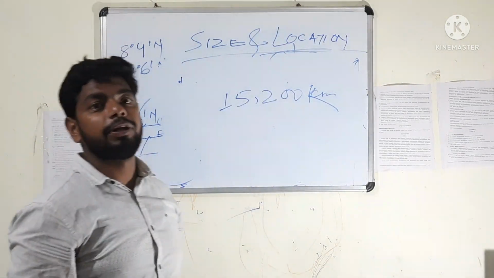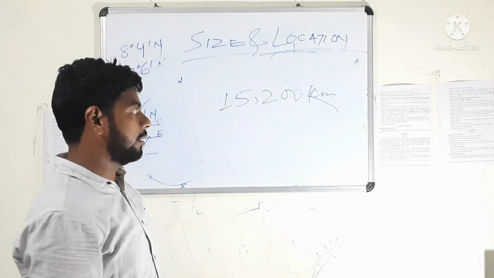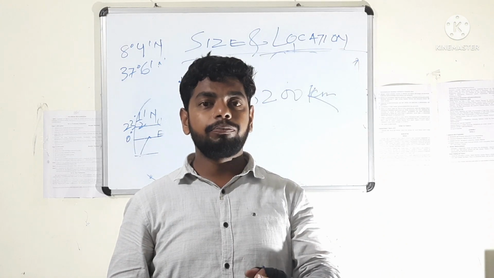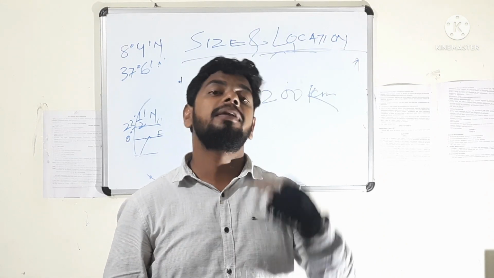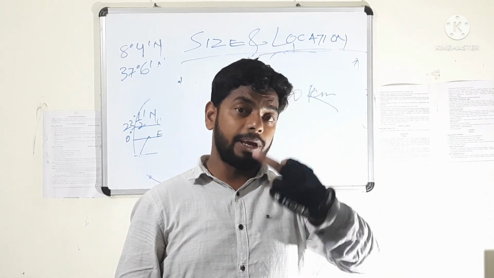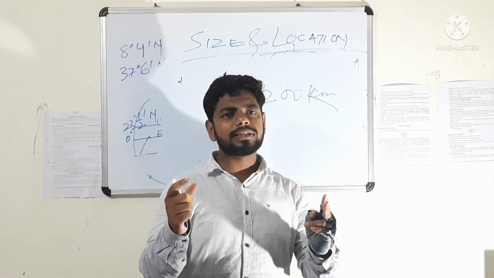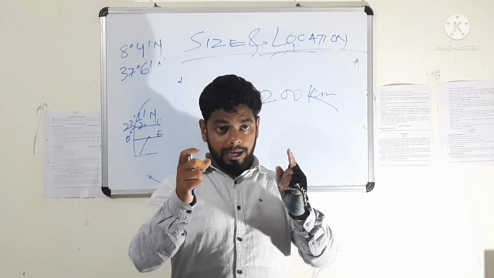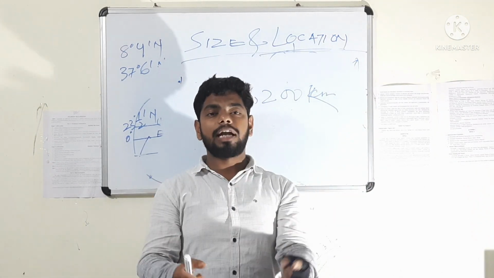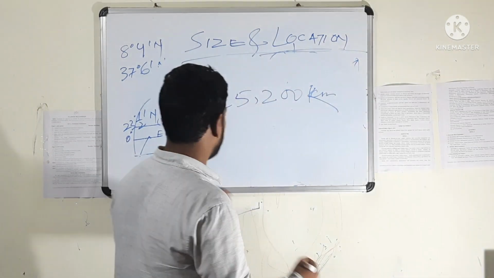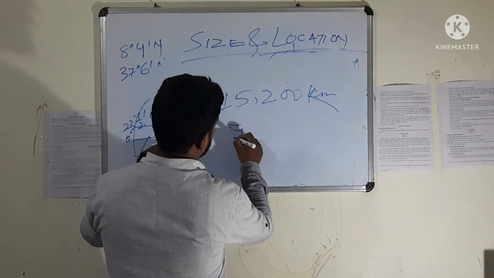So that is 15,200 kilometers. And one thing you should know, guys, India is also called the Indian Peninsula. A peninsula is a region which is covered on three sides by water. Three sides by water, guys, right?